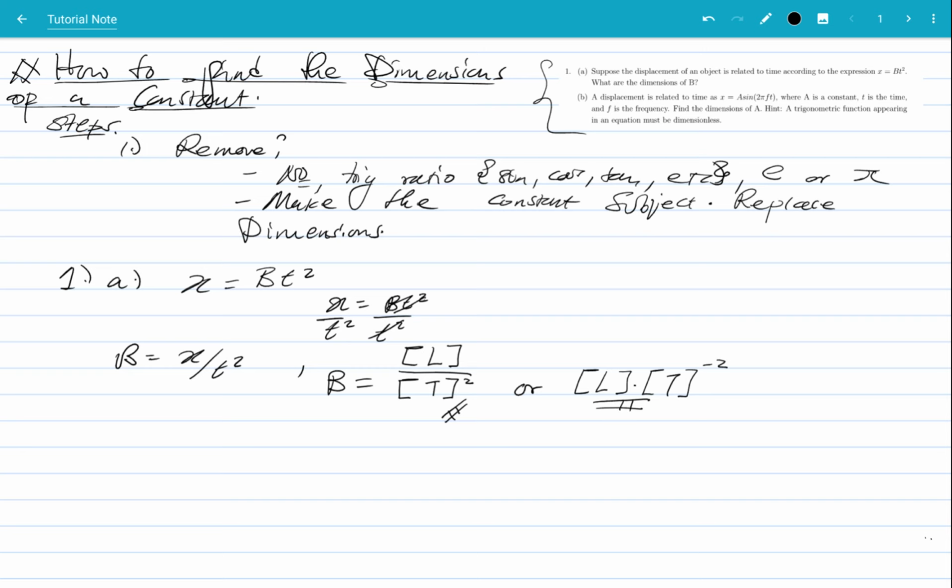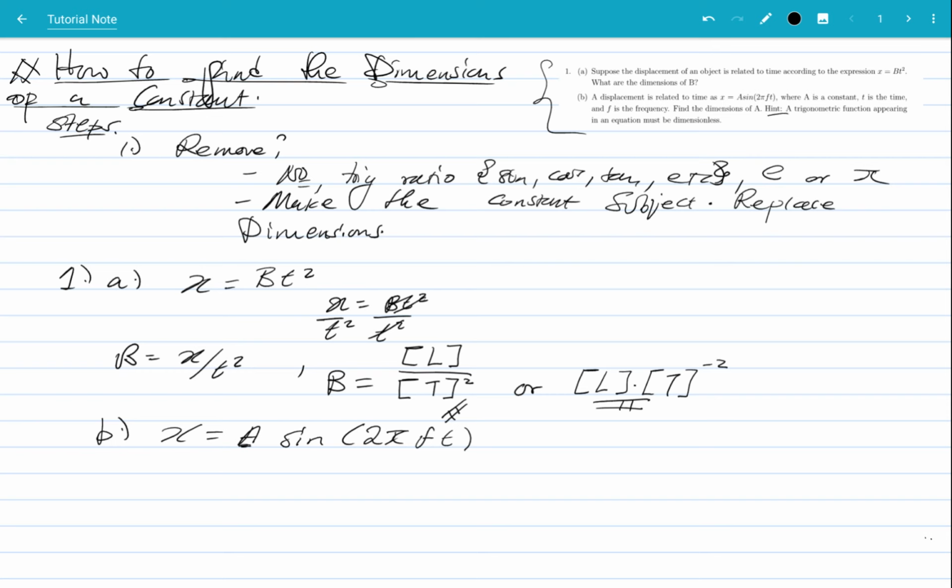Now b is similar with a. It says the displacement is related now by x being equivalent to a sine of 2 pi f t, where a is a constant, so we know that the constant here is a. t is the time and f is the frequency. Find the dimensions of a.